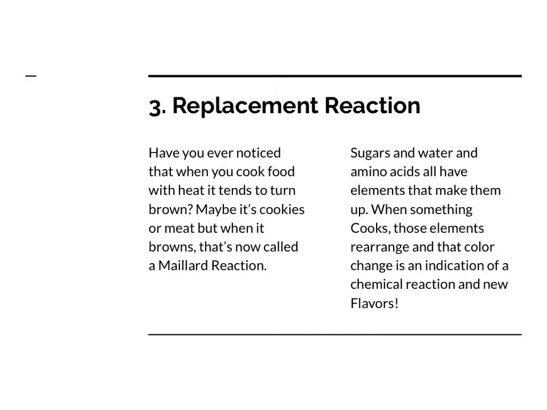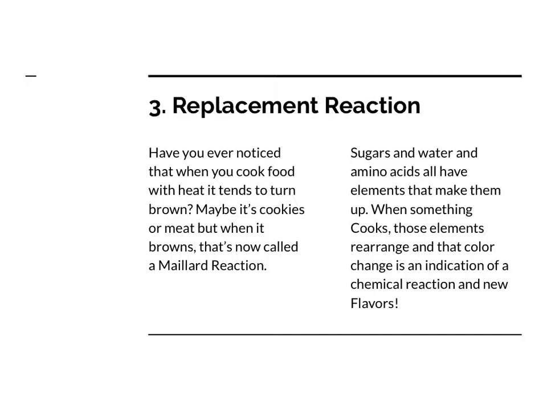Anyways, what happens when you have your food cooking and you notice it starting to turn brown is that sugars and proteins in the food, and also any excess water, all start to rearrange. So all the elements that make up those sugars or those proteins in that food start to rearrange and they end up making flavors.